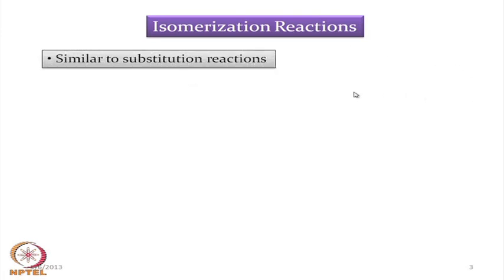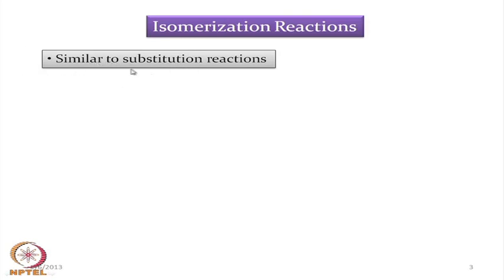So, that gives rise to the two forms, and next we will see how typical isomerization reactions can take place, that means when it is forming from completely one isomeric form to the other isomeric form. So, this isomerization reaction can be similar to the substitution reactions.